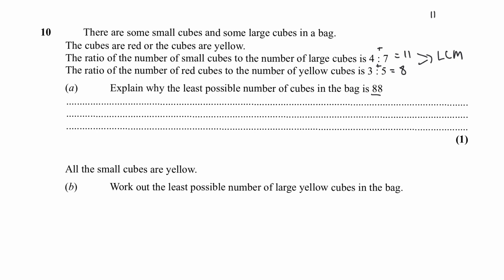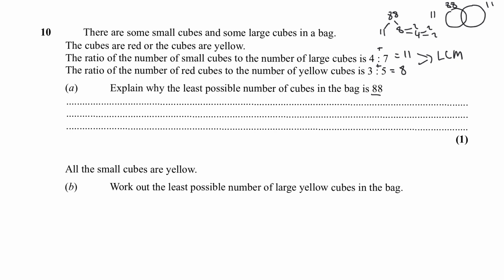Because, first of all, 11 is a prime number, so there's nothing else we can do on the prime number tree. But in terms of 88, you can get 11 times 8. 8 can split off into 4 and 2. And then 4 can split off into 2 and 2. And so when you work out your lowest common multiple, the numbers that they share in common go in the middle.